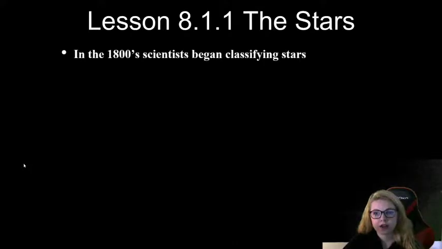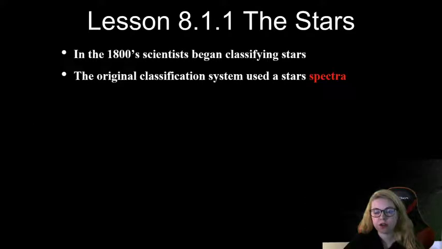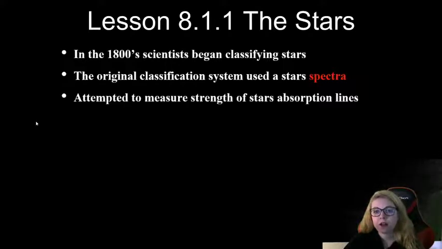All right, and so today we are going to keep talking about stars a little bit more, starting with how we classify stars. In the 1800s, scientists began classifying stars, and the original classification system used the star's spectra, or that spectrum of light that we looked at in the last video. But they very quickly realized that this was not going to be a very reliable method.